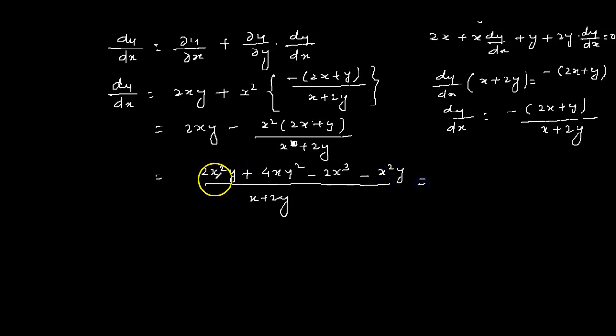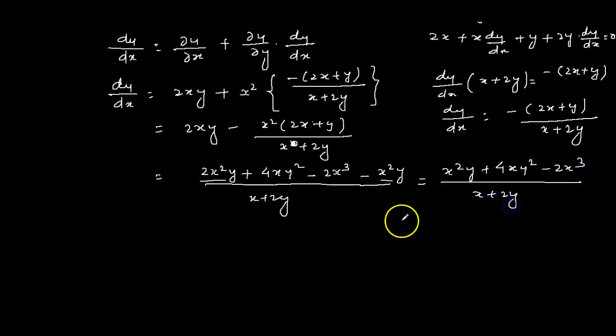Further if you simplify, 2x squared y and x squared y, you can subtract, this becomes x squared y, and you put x squared y minus 4xy squared minus 2x cubed divided by x plus 2y.